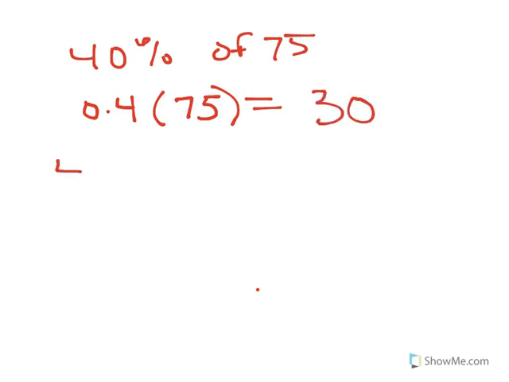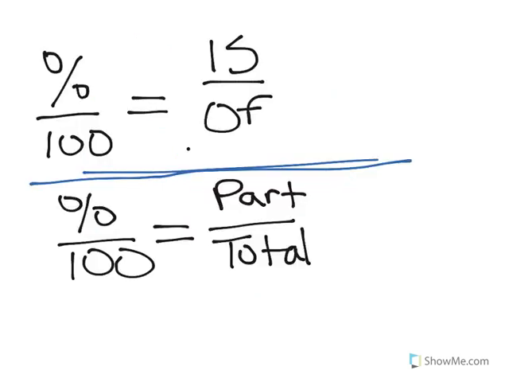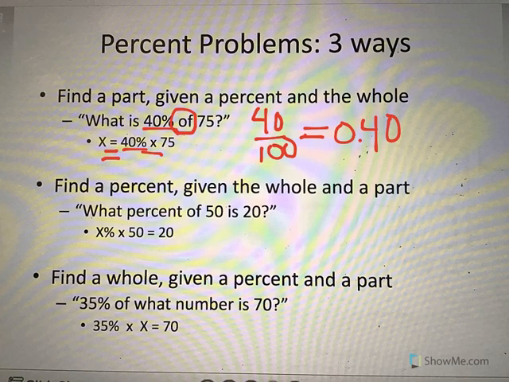If we set it up as a proportion, 40% is over of. If we cross multiplied, we're still going to get 30. So Mr. Hewlett, which way is better? Well, it depends upon whatever you feel more comfortable with. Now, technically, should you know both ways? Heck yeah, you should. But if you feel more comfortable with one way or the other, that's fine.